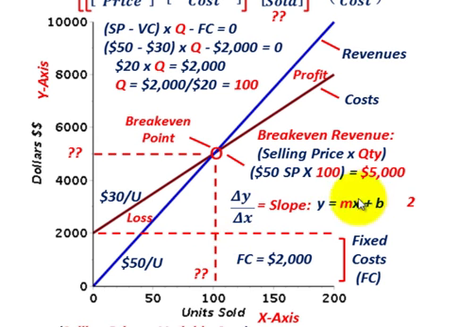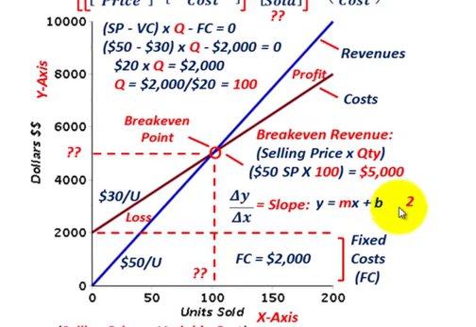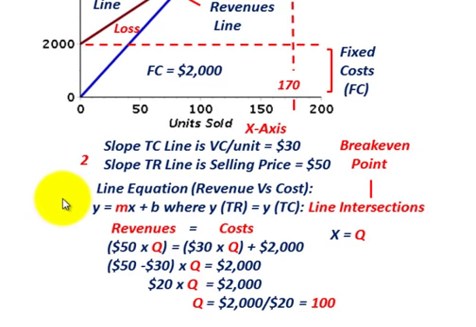But we're going to have a b-intercept at $2,000. Okay, so let's look at how we determine our quantity based on setting our line equations, revenues equal to cost. Essentially we'll be looking at y and comparing both of those line equations. So let's go down and look at that.